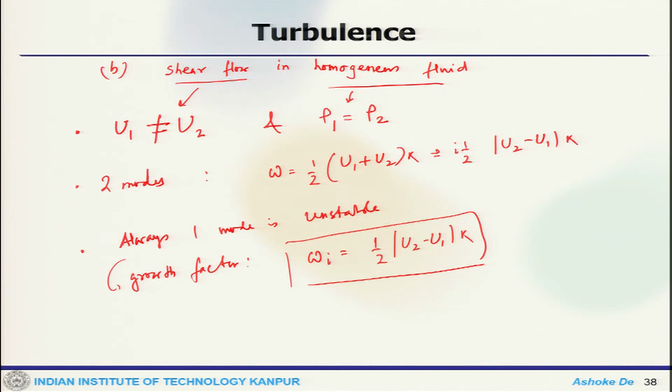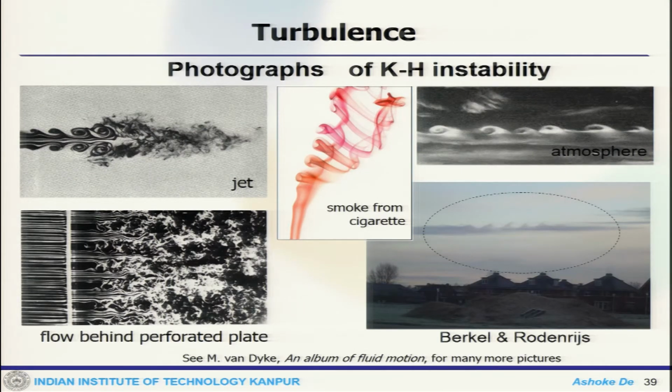So, we can see some photographs of Kelvin-Helmholtz instability. There are two types of instability you can see. If there is a shear, which essentially you can see here in the atmosphere, this is primarily due to the gradient of the density.